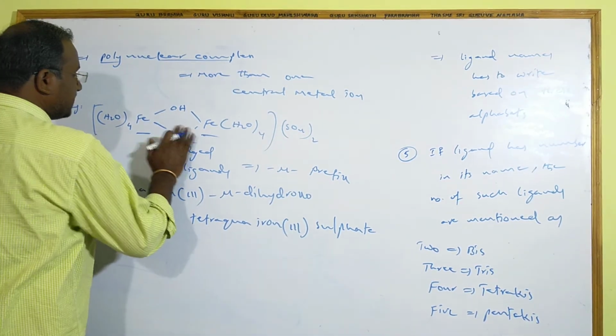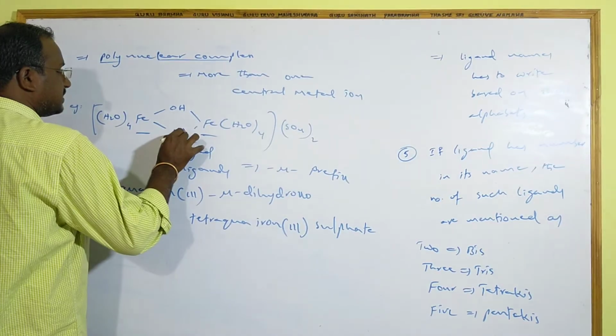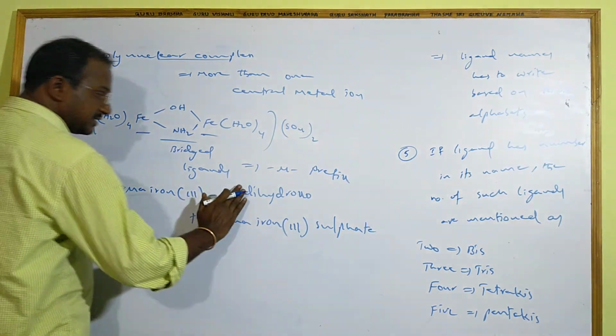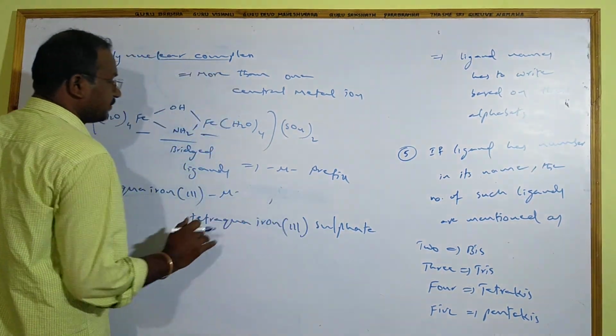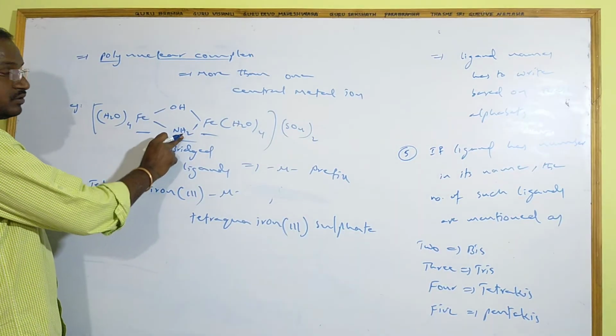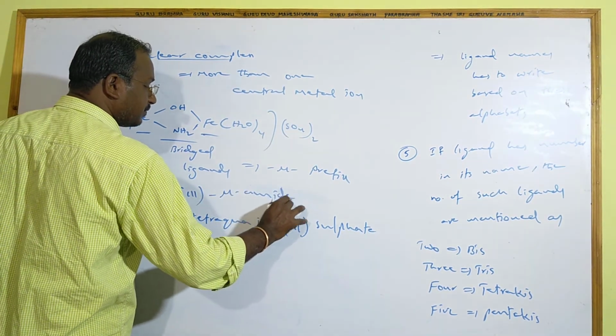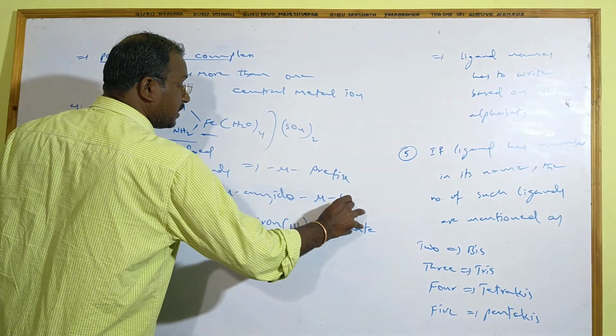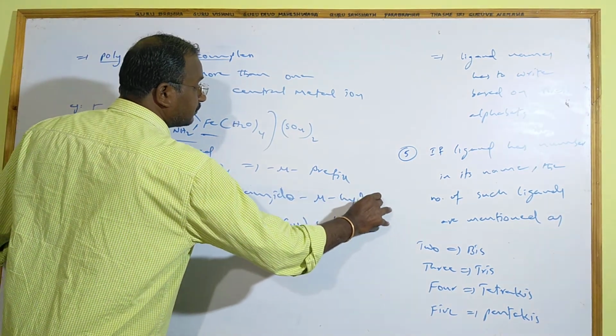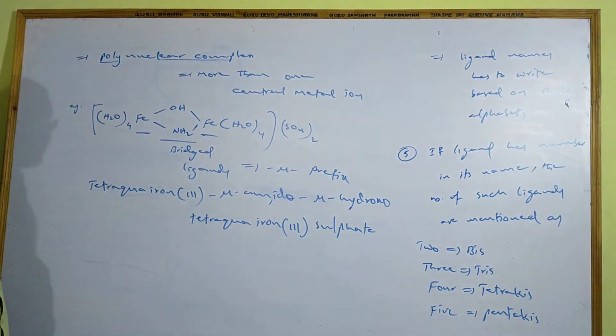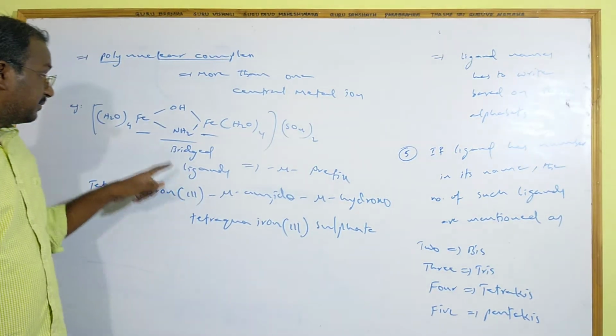Suppose in place of OH, if NH2 is there, it is not mu dihydroxo. It is amido hydroxo. First mu amido, once again mu hydroxo, if there is more than one type of bridge.